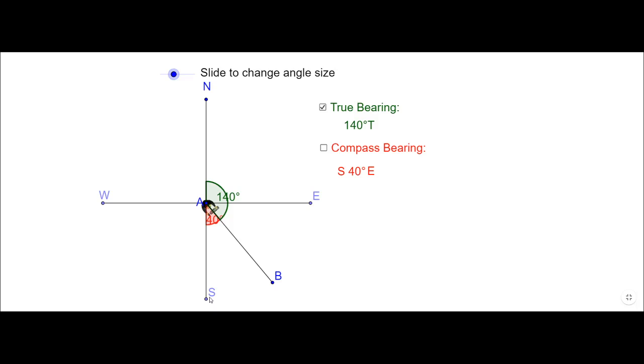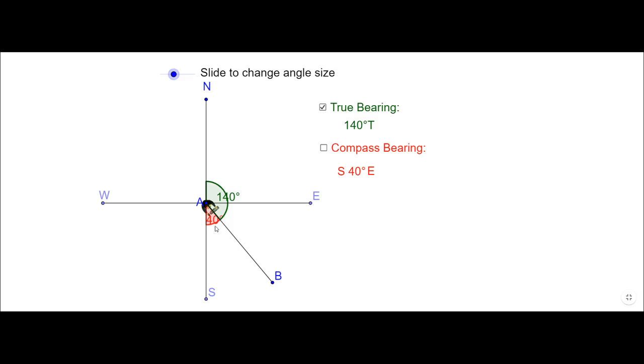So in this quadrant it is measured from the south this way. In this quadrant it is measured from the south to the east. In this quadrant it is also measured from the south to the west. In this quadrant it will be measured from the north to the west. In this quadrant, it is measured from the north. That's the compass bearing in the clockwise and the anti-clockwise direction.